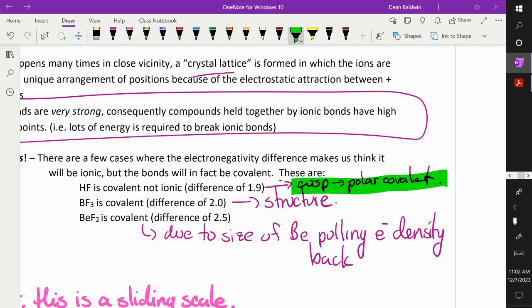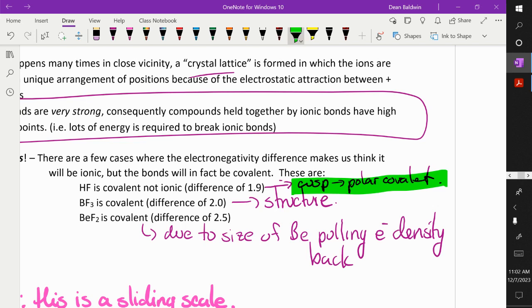Beryllium fluoride, I'm not going to ask you the reasons here, but this is the reason. Beryllium is really small, so when you pull the electron density off of it, or you essentially transfer the electron to fluorine, because it's so small, it's essentially just a bunch of protons sitting there. Its charge to size ratio is high, so it actually starts to pull the electrons back.